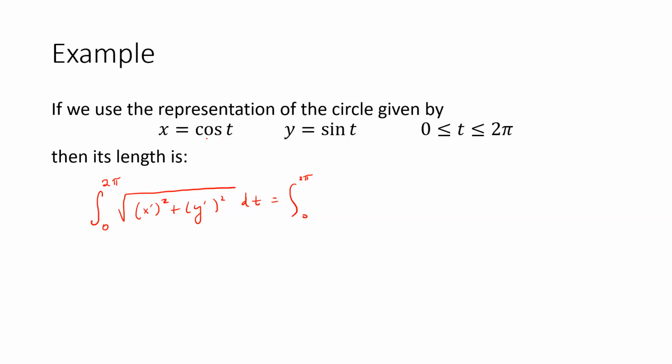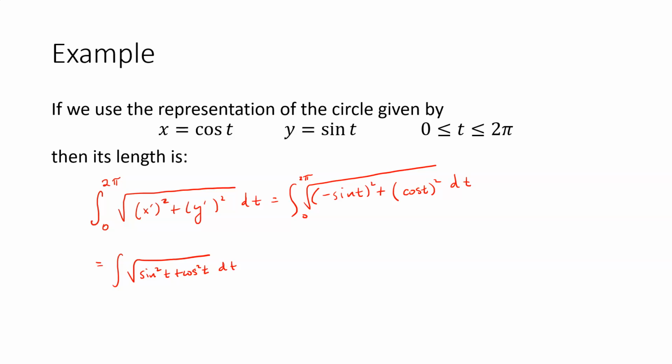We'll take the derivative of our x equation, which is negative sine t, and then the derivative of our y equation, which is cosine t. So we have inside the square root sine squared plus cosine squared, which we know is equal to 1.